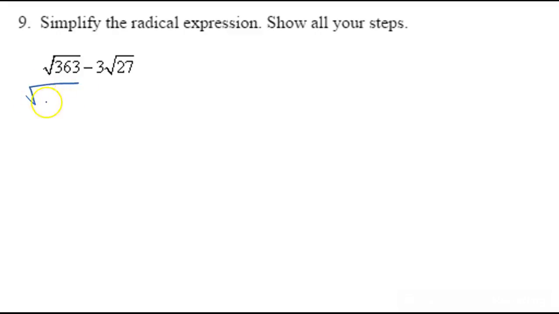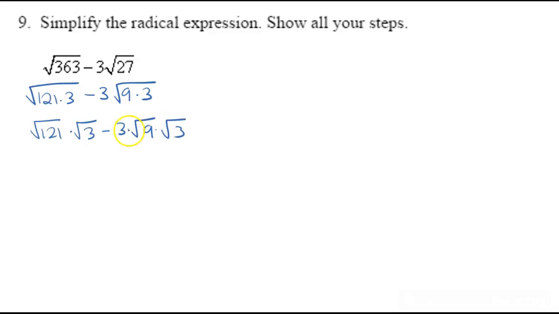So another way to write this is the square root of 121 times 3, minus 3 times the square root of 27. But again, we're going to try to think what perfect squares we can find. Well, I know 9 times 3 is 27. So we can start breaking these apart to see if we can start simplifying this. The square root of 121 is 11.